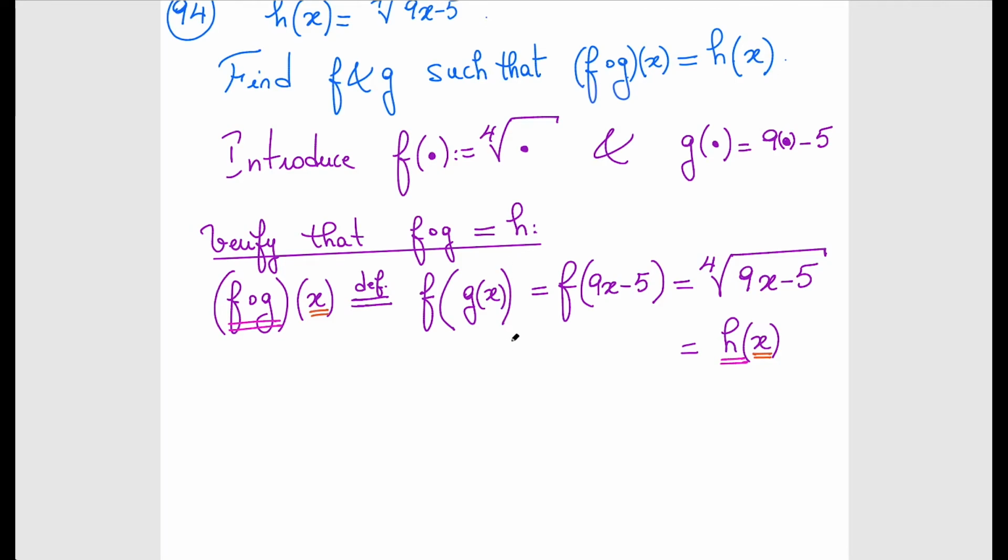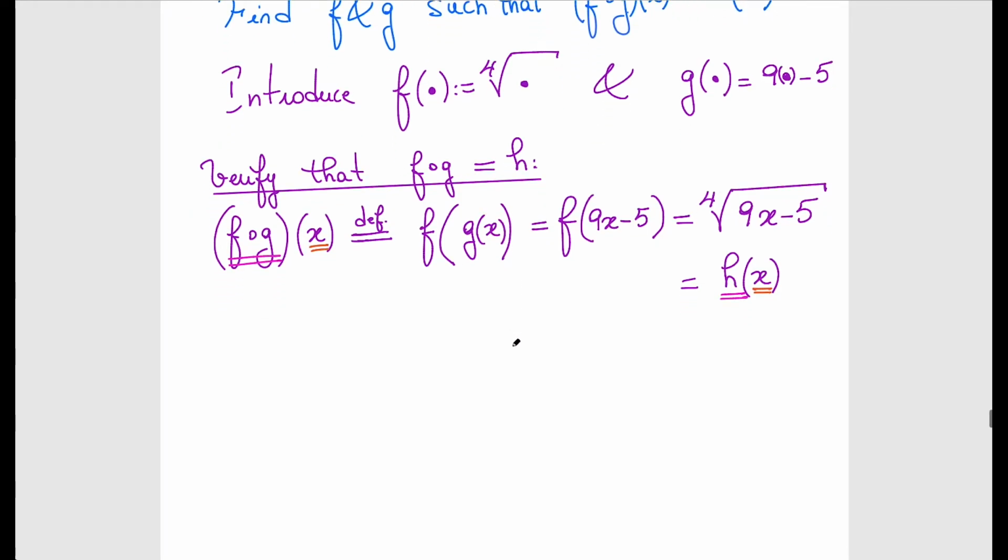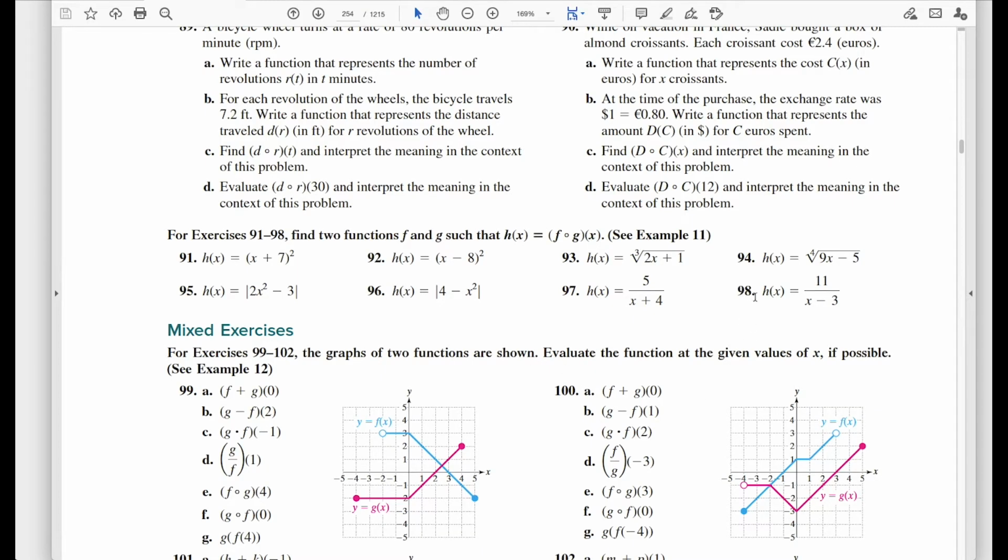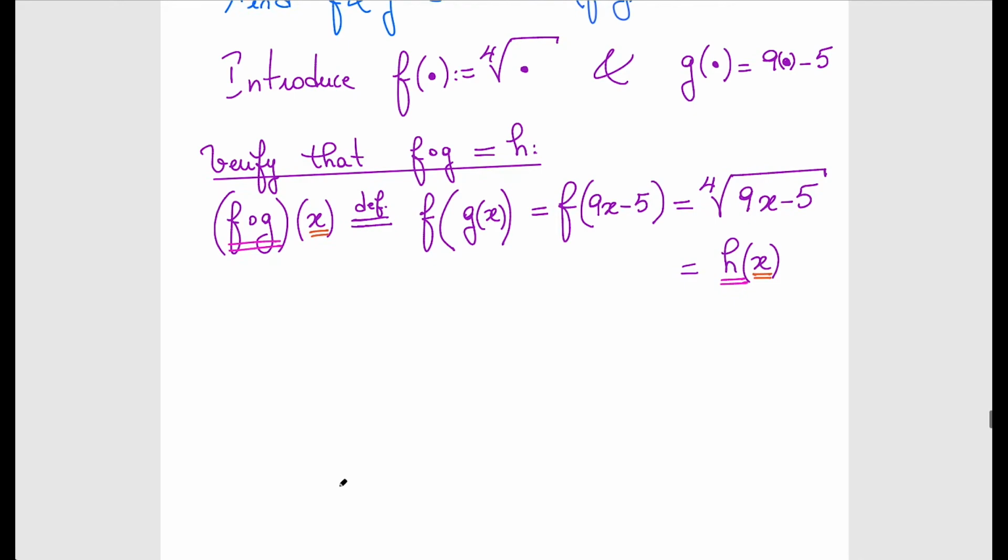All right, so as I promised you, we're going to do number 98. h of x now is 11 over x minus 3. So this is 98. h of x is given to us as 11 over x minus 3.